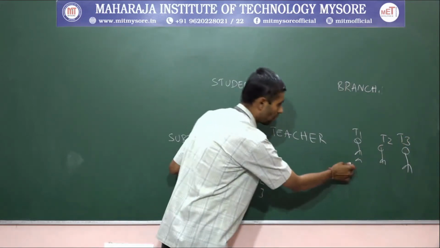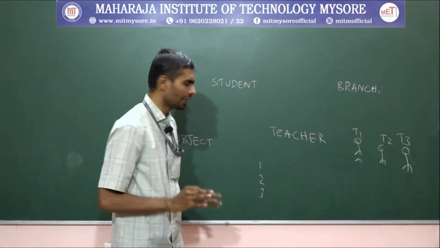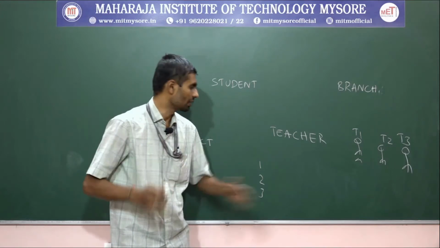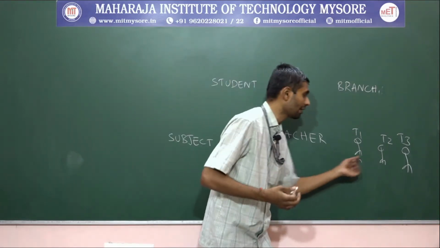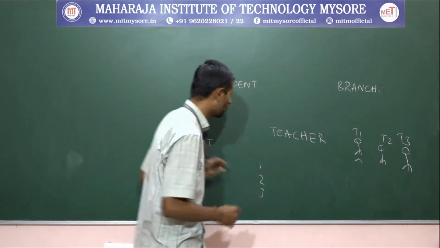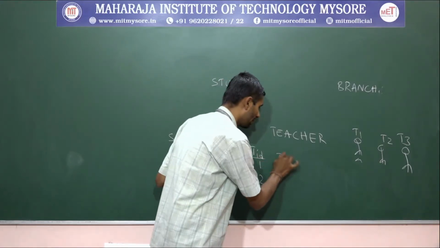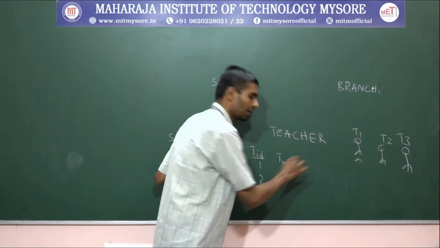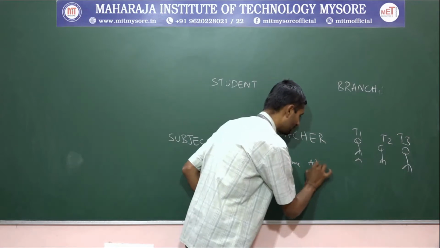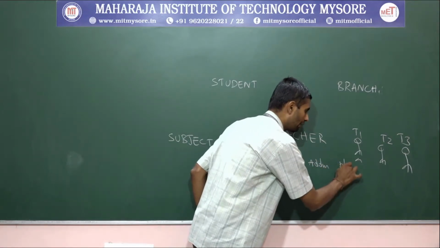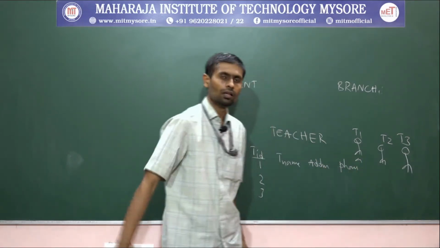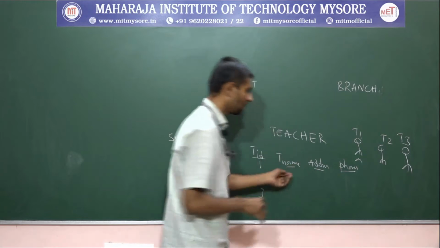When I give a form to these 3 teachers to fill in their data, they want to enter a teacher ID, their name, the address, and a phone number. All such information they want to record.